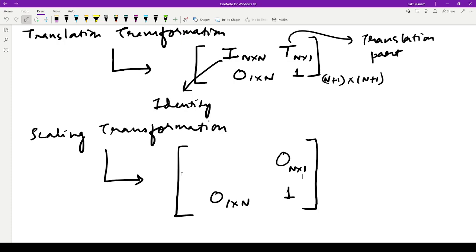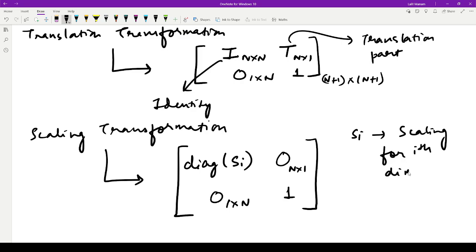I want the structure of the matrix. It's a diagonal matrix, diagonal of some s_i, where s_i is the scaling factor for the ith dimension. So this itself will be an n cross n matrix since it's diagonal, where i belongs to 1 to n. Is this fine?